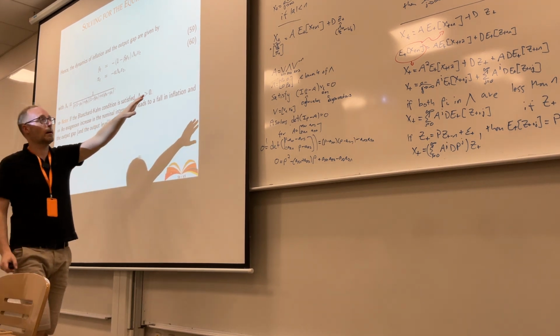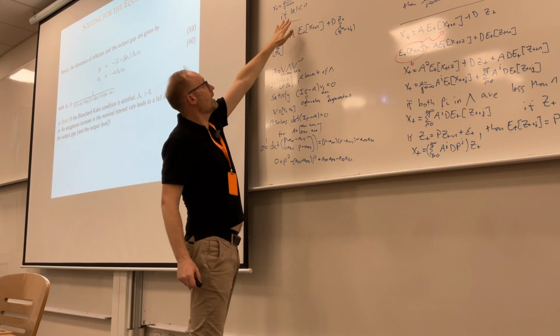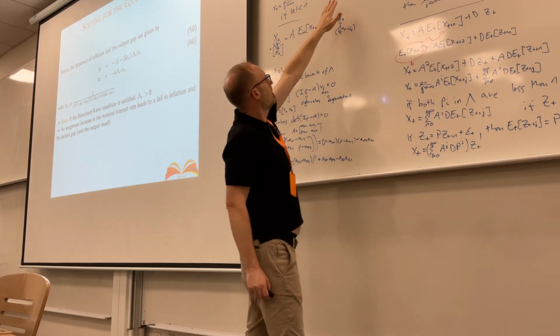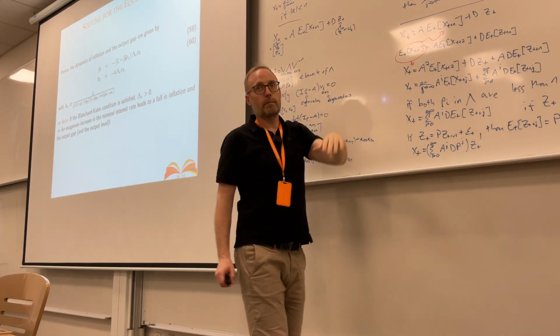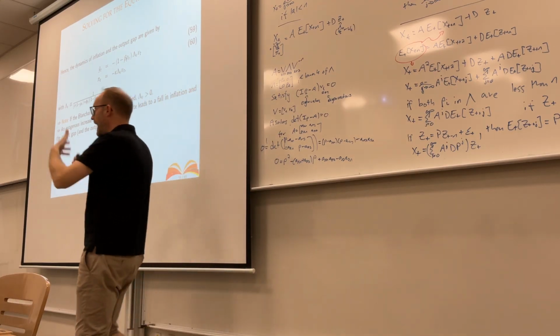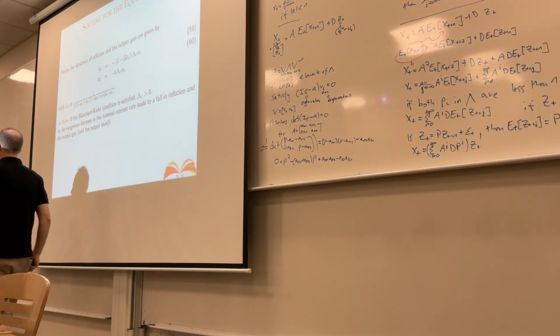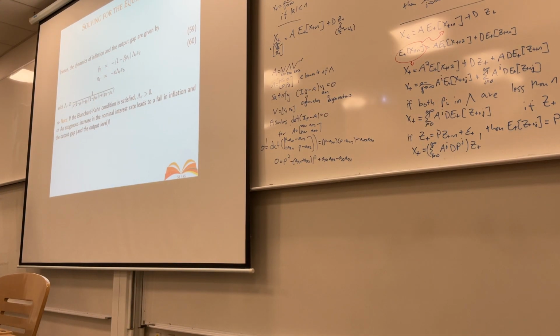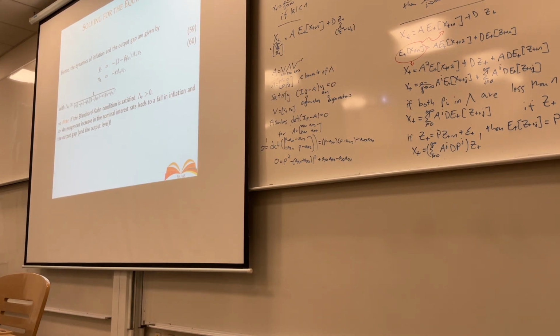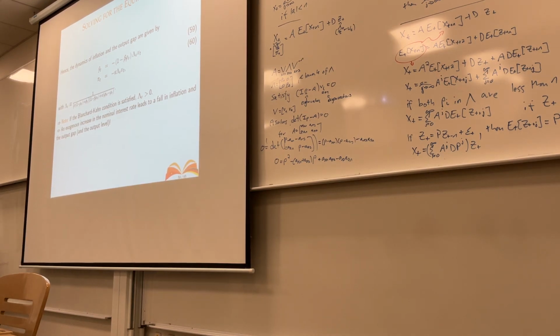Remember yesterday we saw if A is greater than 1 in absolute value, then writing our solution in this form doesn't work. We have to add in this expectation shock.